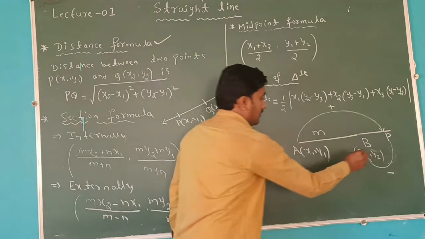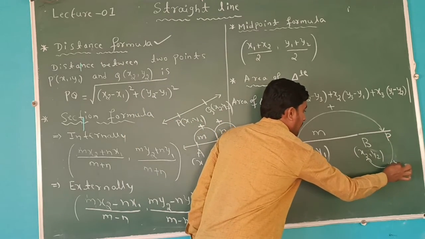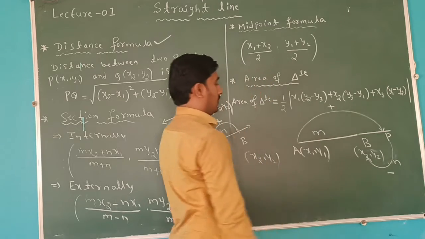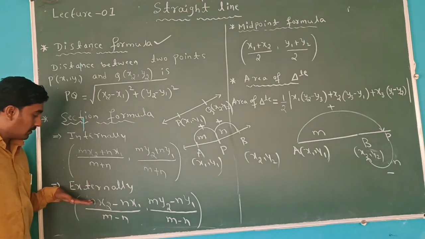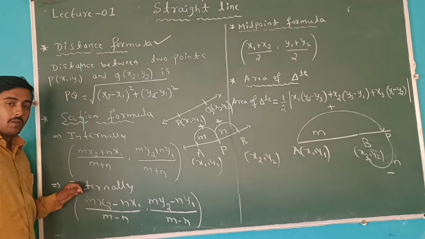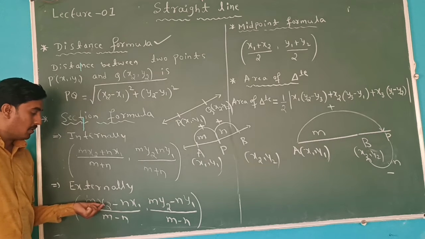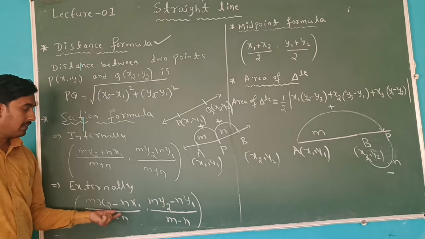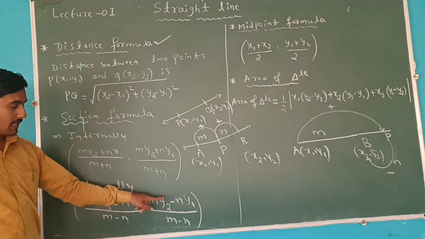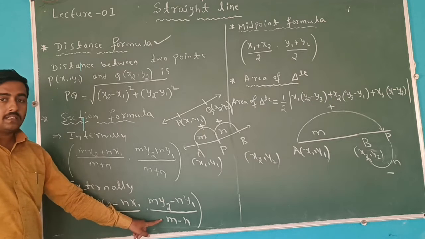So this is n, m ratio n. So when externally, the section formula becomes (m into x2 minus n into x1) divided by (m minus n), comma (m into y2 minus n into y1) divided by (m minus n).